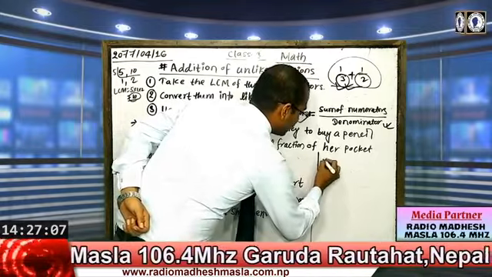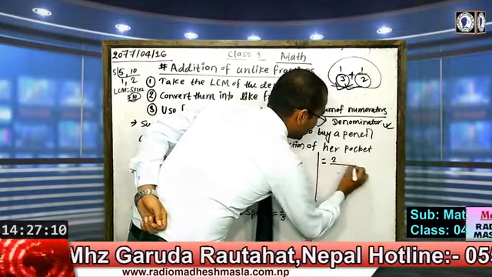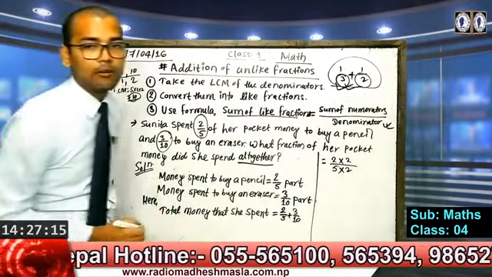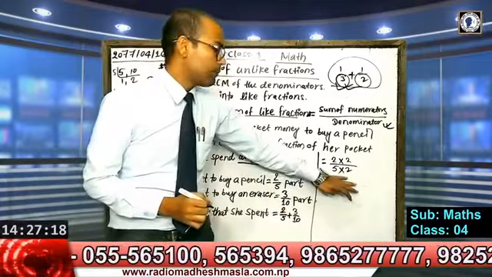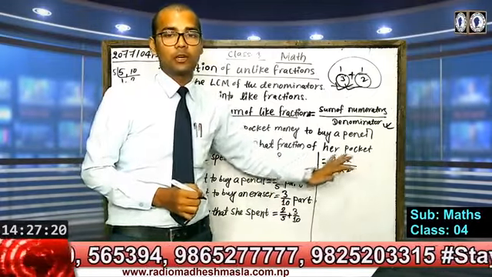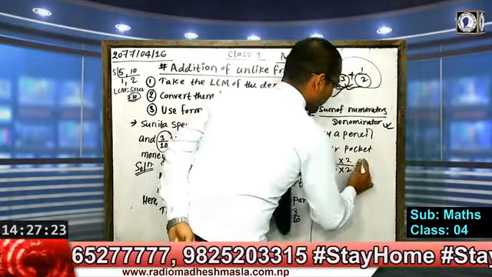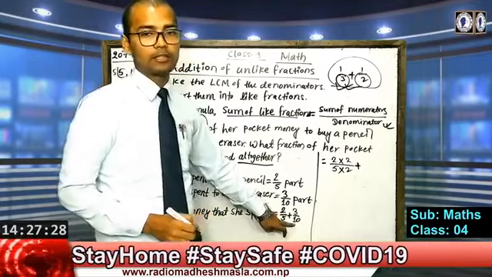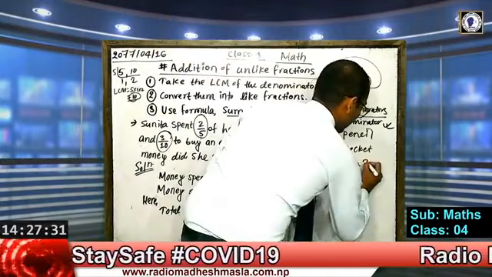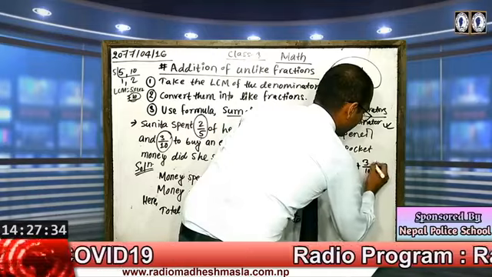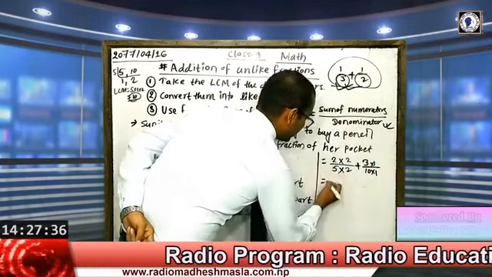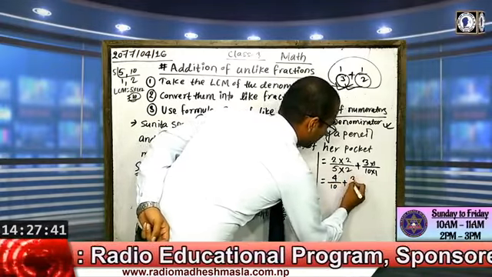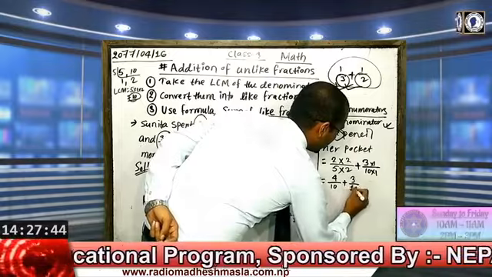Here we have 2 by 5. When 5 is multiplied by 2, it becomes 10, which is our LCM, so we multiply the denominator by 2 and also the numerator by 2. Then plus 3 by 10, whose denominator is already 10, so it is multiplied by 1. 2 into 2 is 4, 5 into 2 is 10, plus 3 into 1 is 3, 10 into 1 is 10.